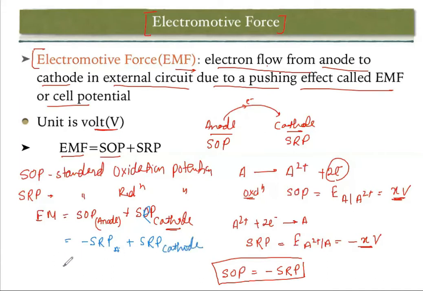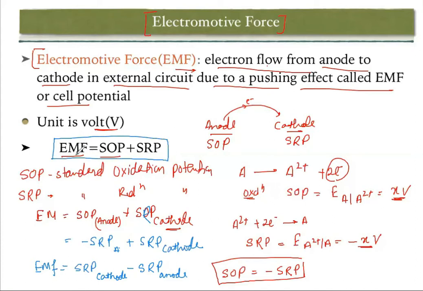So we can also derive one formula from this equation, that is, EMF can also be calculated as SRP of cathode minus SRP of anode. Okay, so there are two formulas that we have derived.